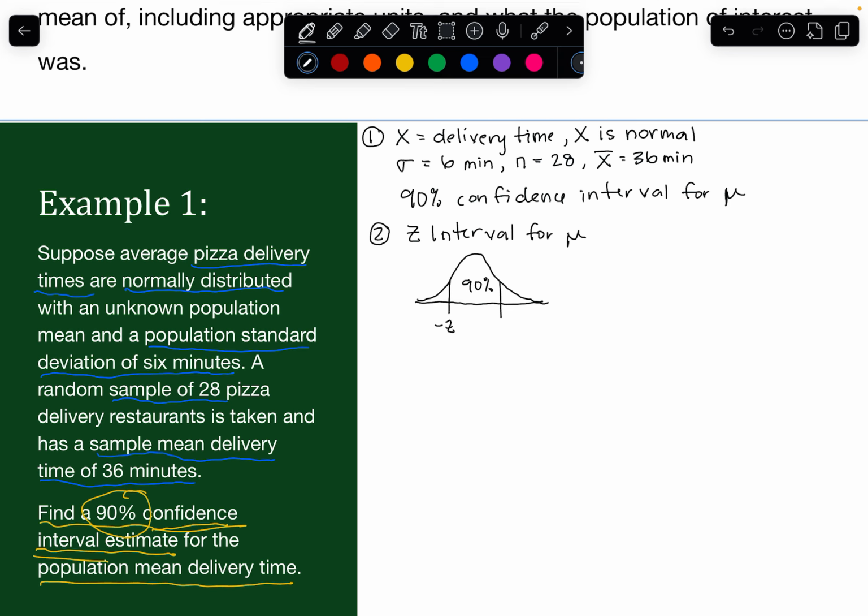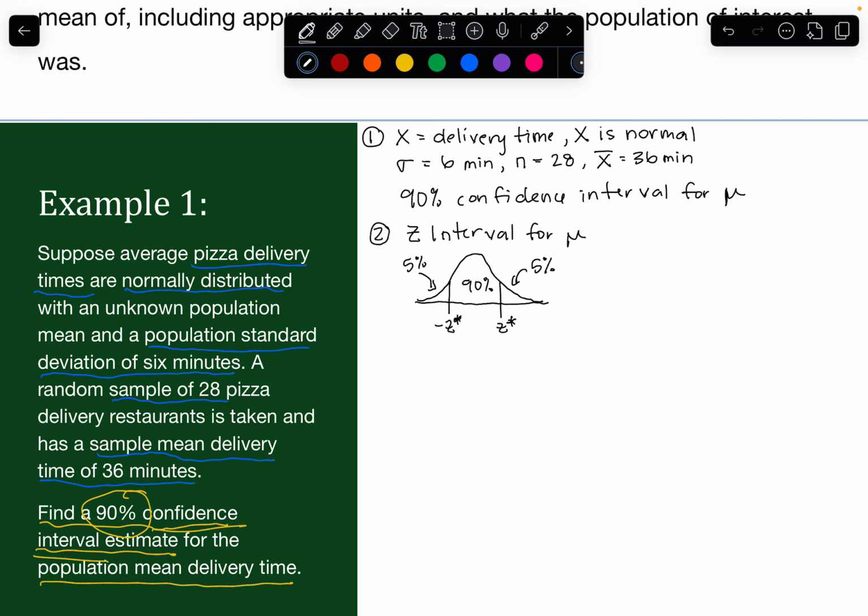That's my minus z star, that's my plus z star. And if 90% is in the middle, that leaves 10% for the tails. And I have to split that 10% in half. So 5% goes here, and 5% goes here.